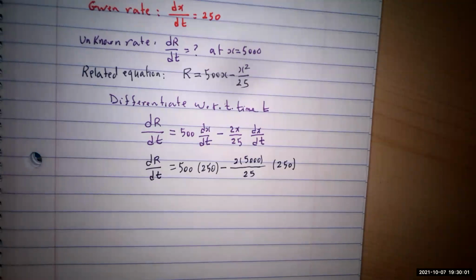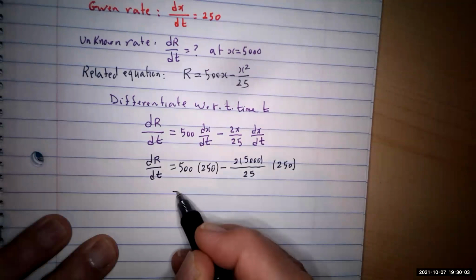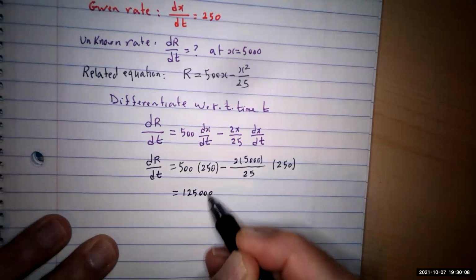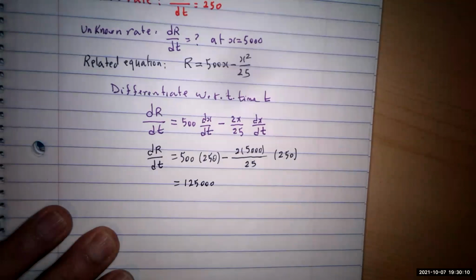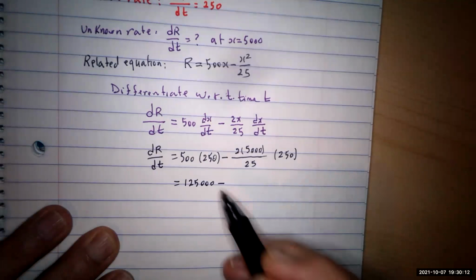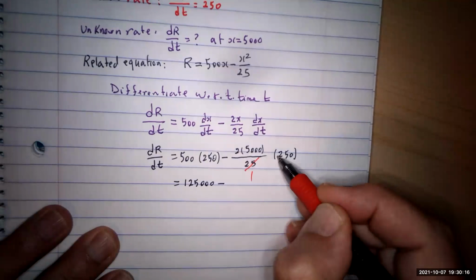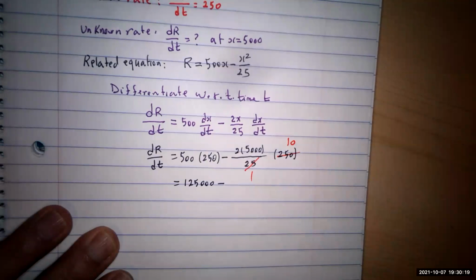Now we have to simplify it. This is going to be equal to 5 times 25 with the 125 and the 3 zeros, minus... We can simplify this one: by 25, this would be 1, and by 25, this would be 10.